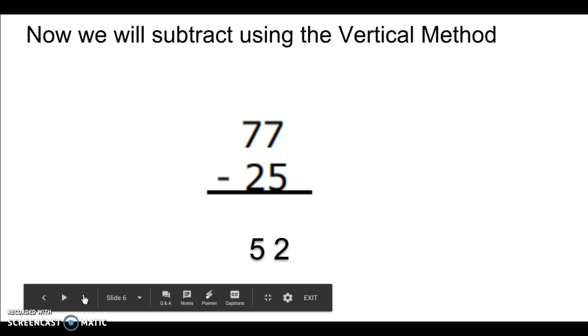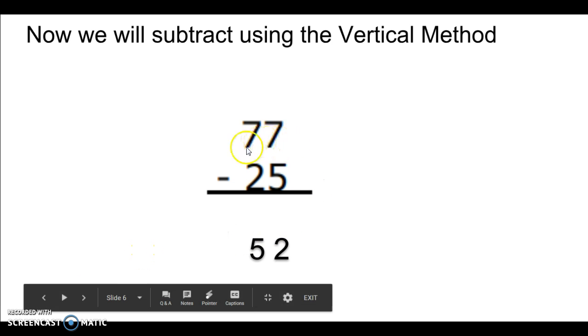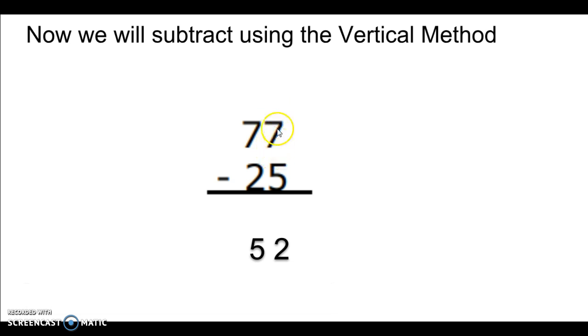Now I'm going to show you how to subtract using the vertical method. As always, like I said before, you would make sure your numbers are lined up. I would make sure that my 5 is below my 7 and my 2 is below this 7. I have 77, 7 tens and 7 ones, and I have the number 25, 2 tens and 5 ones.